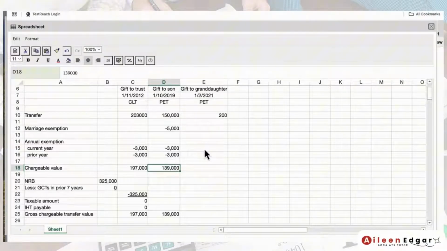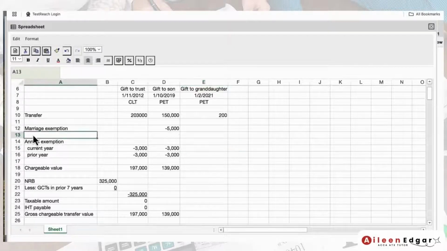And then what was the third item? It was £200 gifted to a granddaughter. So is there any exemption that could apply to that? Before we think about annual exemptions or anything like that, is there any specific exemption that could apply to this type of transfer?